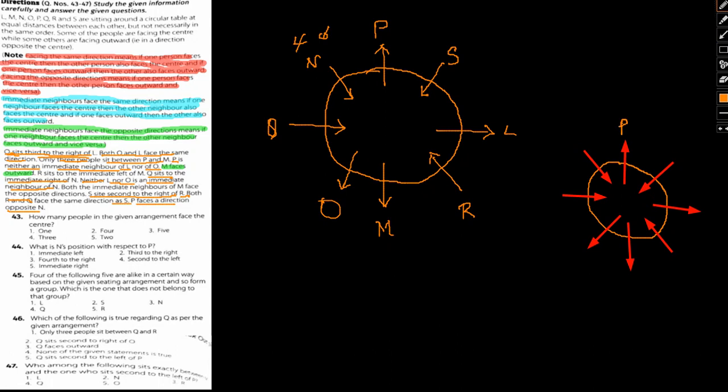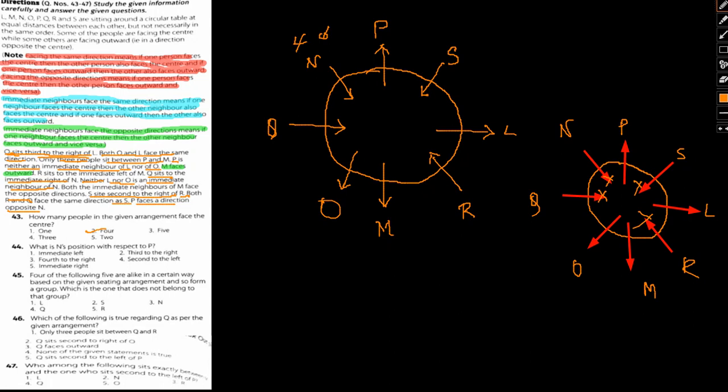This is P, S, L, R, M, O, Q and N. Now, how many people of the given arrangement face the center? 1, 2, 3 and 4. 4 people face the center.